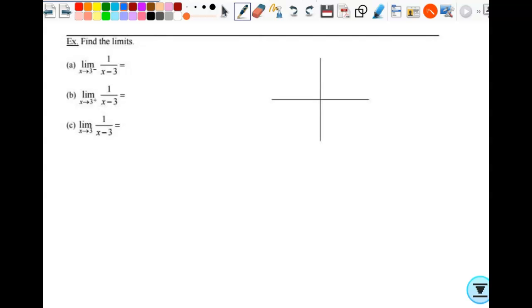Okay, so if you substitute this in and your denominator goes to 0, yes, but then we have to remember, you have to look at the limit of the numerator and the limit of the denominator. So we're going to say the limit as x approaches 3 of 1 equals what?